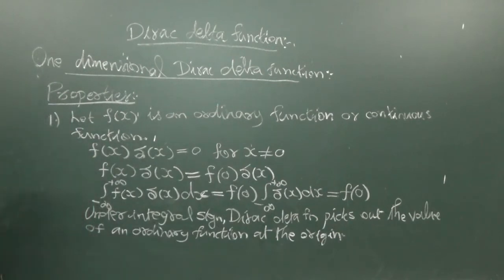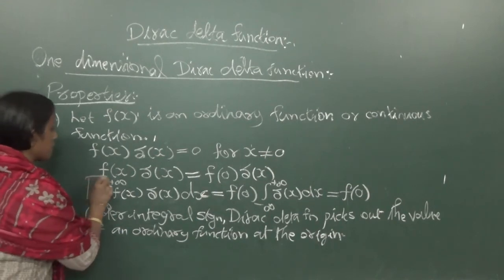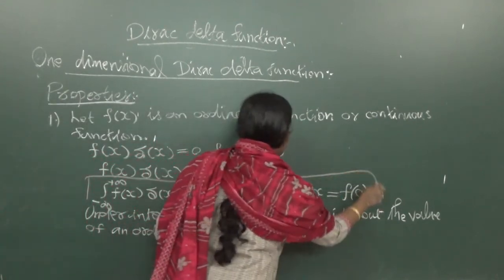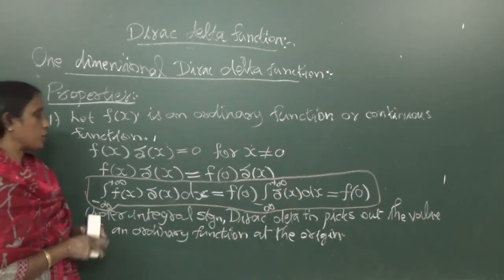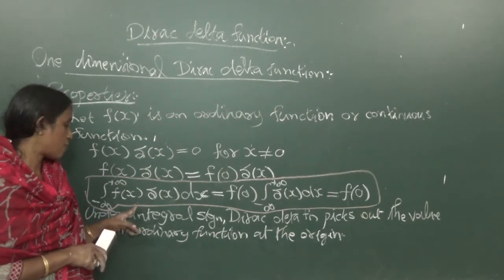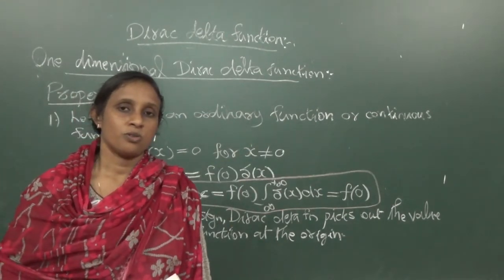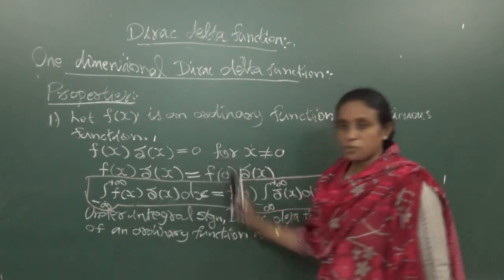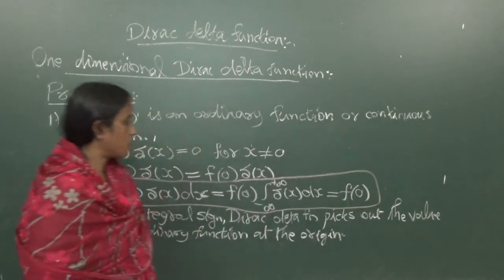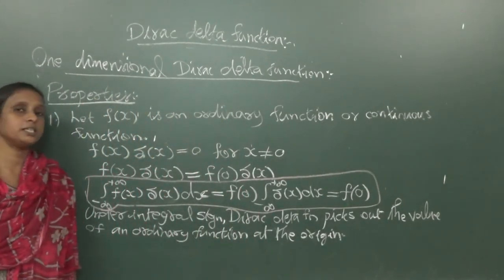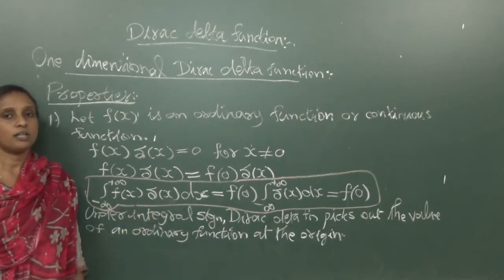This is an important property of the one-dimensional Dirac delta function. Under the integral sign, it picks out the value of the continuous function f of x at x equal to 0. That is why you get f of 0. So remember this property. It helps you to do problems easily. If you need the value of a function at the origin, you can make use of this property of the Dirac delta function.